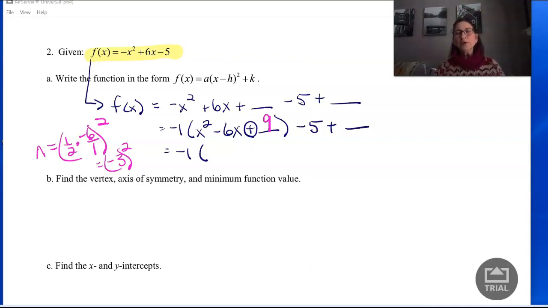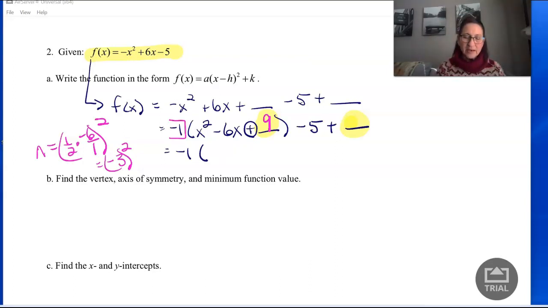Well, you would think, based on what we did before, that because I'm putting a 9 here, I would put a negative 9 over in that second highlighted part. No, because it's not truly a 9. It's not a positive 9 that I just introduced into my equation.